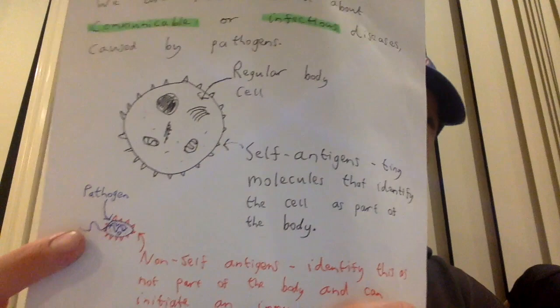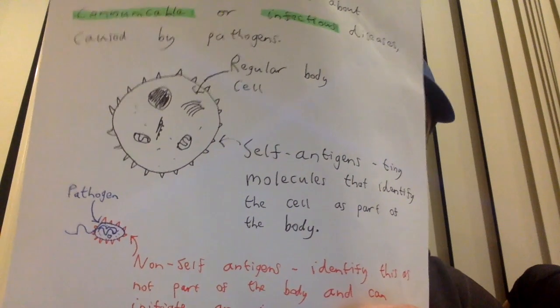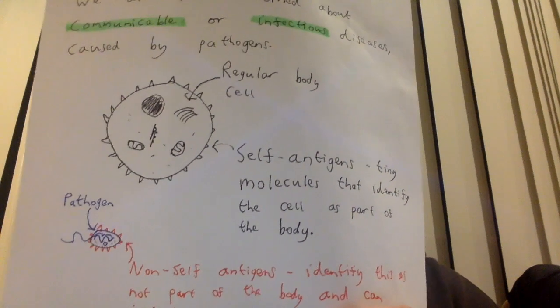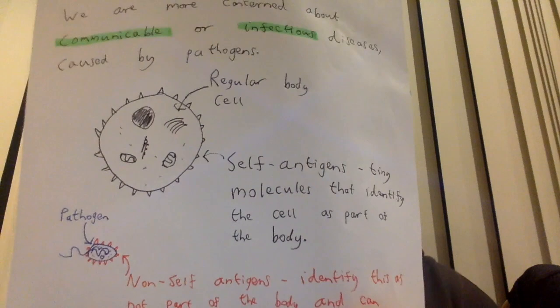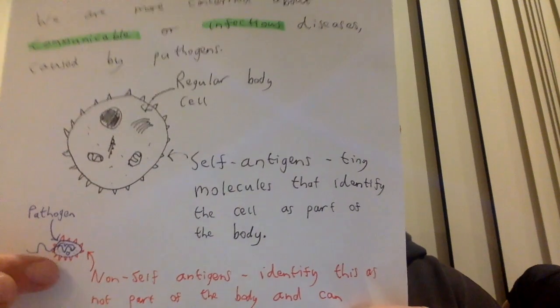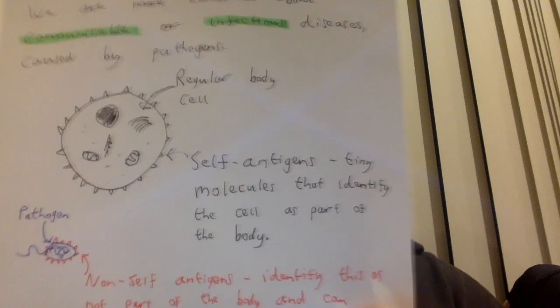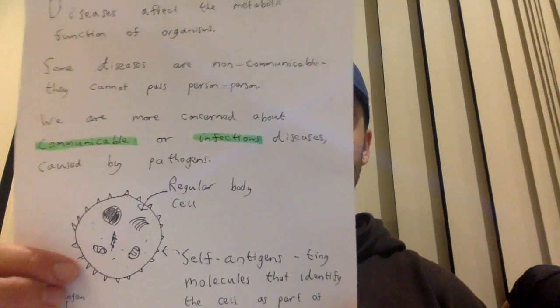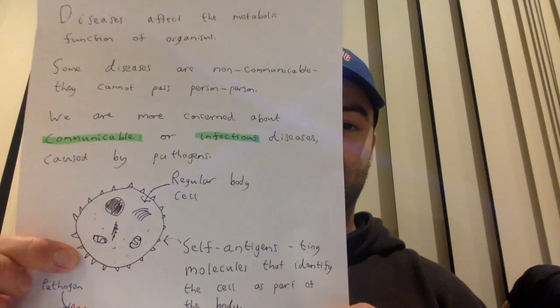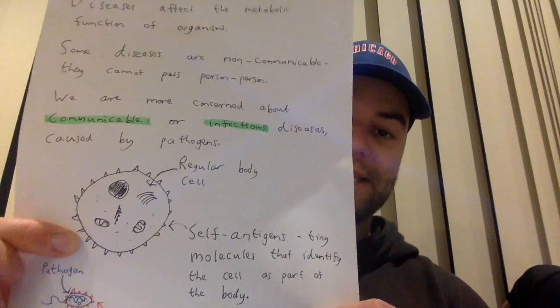Then down here, I've got a pathogen, an organism that can cause disease, and that's also got antigens around the side of it. So these antigens, these little protein bumps, are basically like an identity card for the organism. So when they're on the cells of the organism, that's like an identity card saying this is part of the body, it's meant to be here.